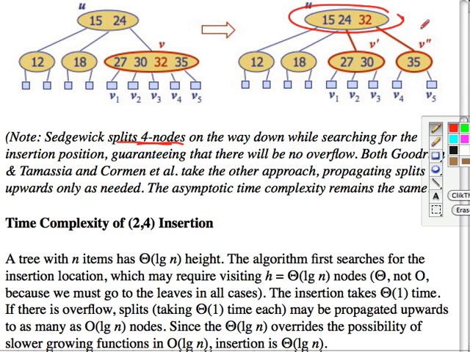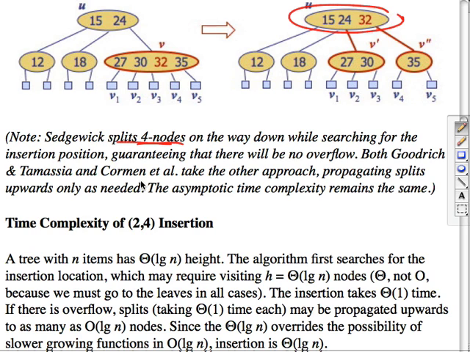But that tends to make the tree grow a little bit faster. It just saves the trouble of having to propagate things back up. So it makes the insertion faster, but it also splits nodes more than they necessarily have to be. But the Goodrich and Tamassia text, out of which I got these figures, and the Cormen et al. text do what I've just described. They propagate the splits upward only as needed.